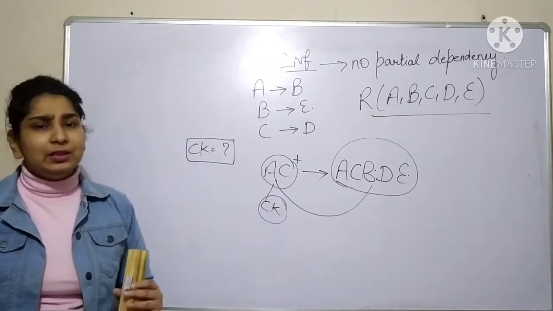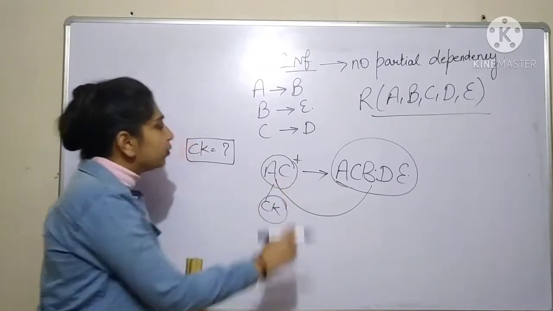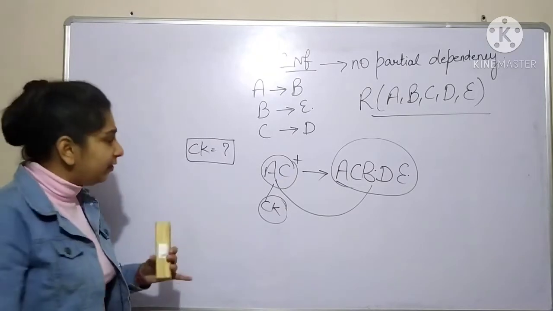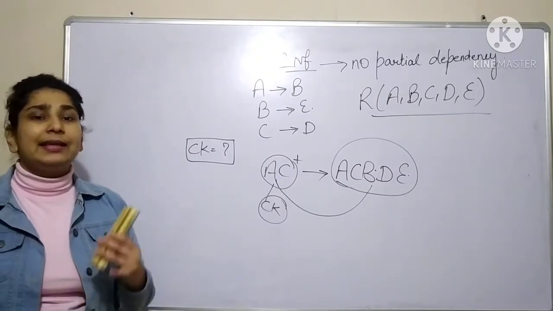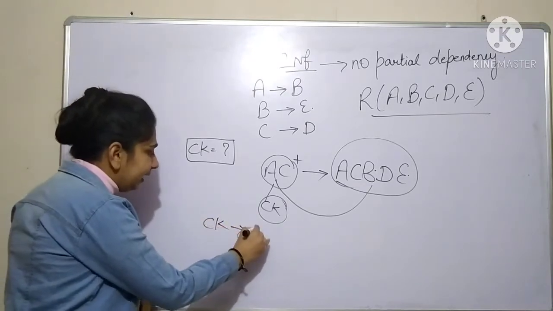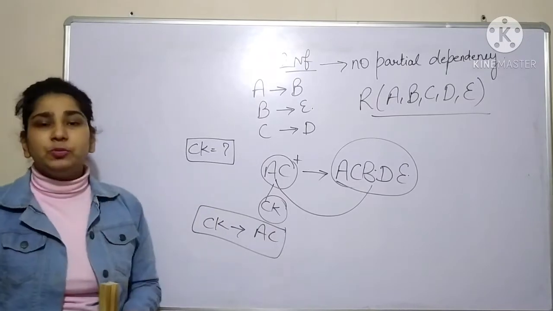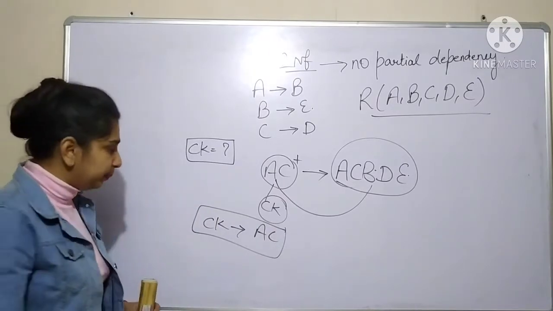So we can use this AC composite attribute as the candidate key. What is going to be my candidate key? AC is going to be my candidate key.